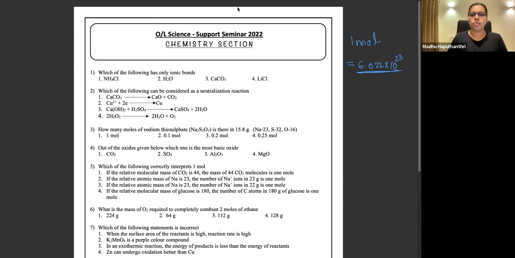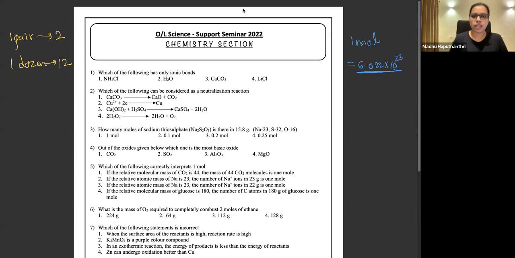So if you relate this to a simple thing that we use in day-to-day life, we all know 1 pair. Inside 1 pair, we have 2 things. 1 dozen, inside 1 dozen, you have 12 things. If you take 1 dozen of books, that means you are taking 12 books.